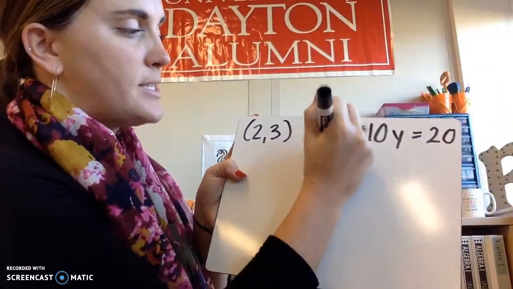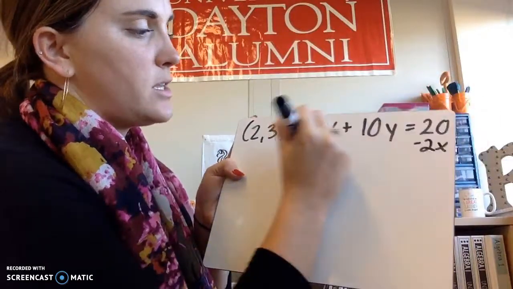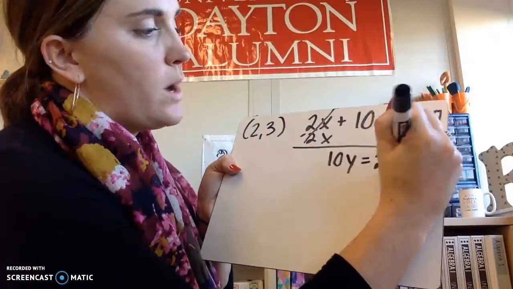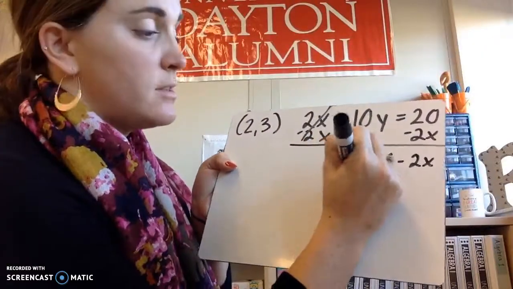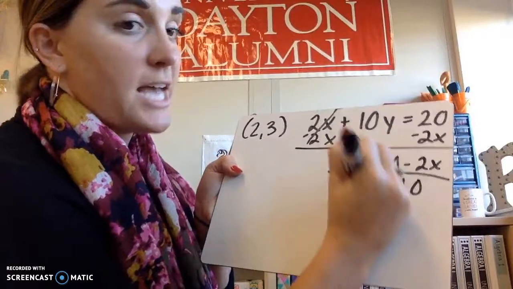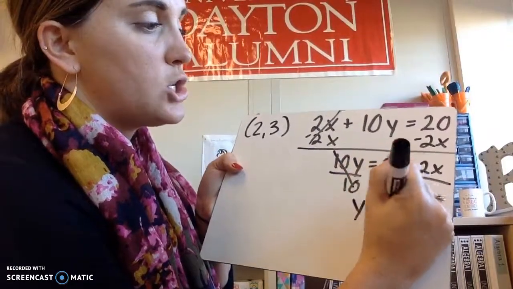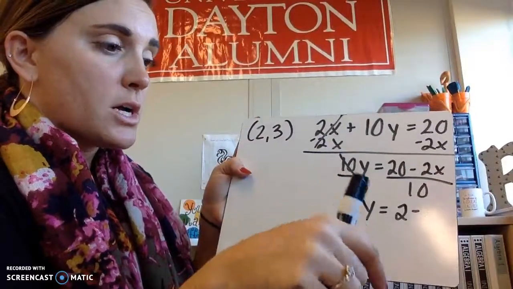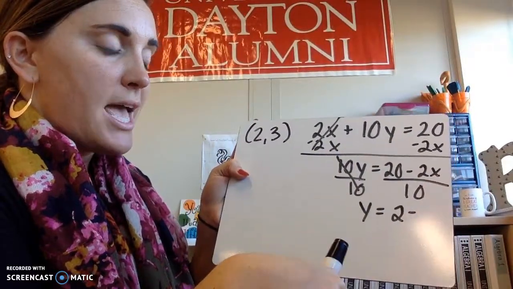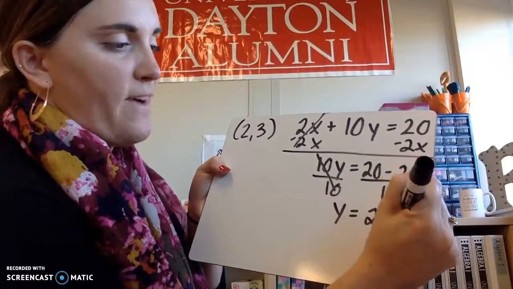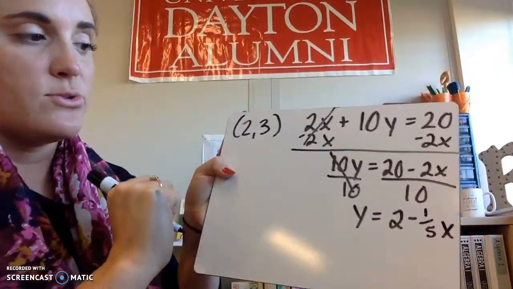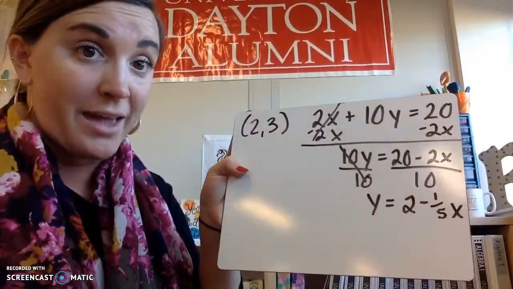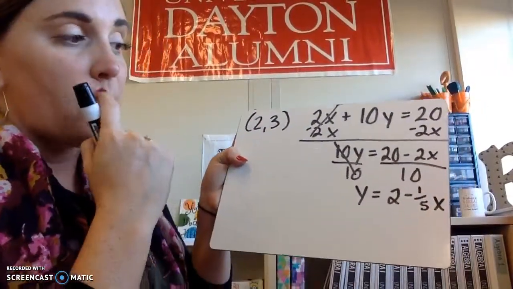So we need to get y by itself, so subtract that 2x on each side. 10y equals 20 minus 2x, divide by 10 on each side, so y equals 2 minus 2 over 10 x, which is going to simplify to 1 over 5. It'll make your life easier if you reduce that in order, because when we flip it, if you don't reduce it, your slope's going to be way too big for what we're doing. So negative 1/5.